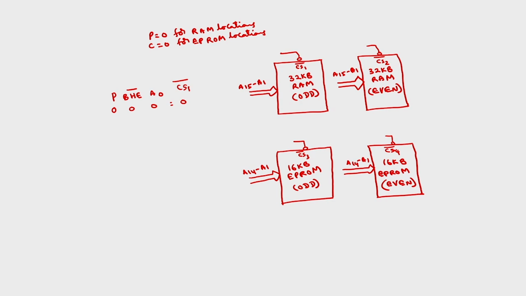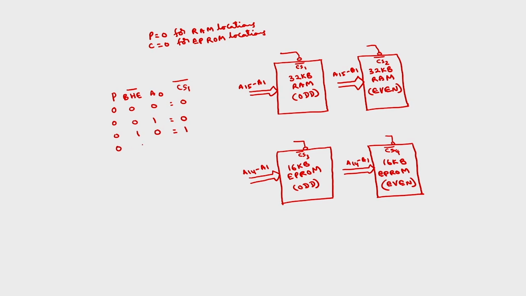And when P is equal to 0, and this is 0 1, what should be CS1 bar? This is BHE bar, bank high enable is 0, which means the high bank, which is the odd bank, has to be selected, so this will be 0. Then 1 0: this is the even bank, so this will not be selected.